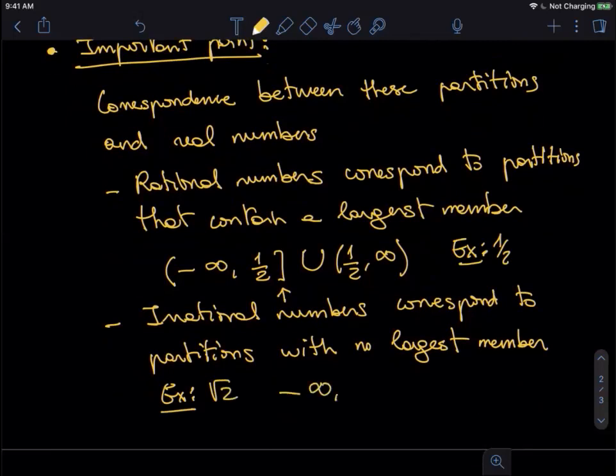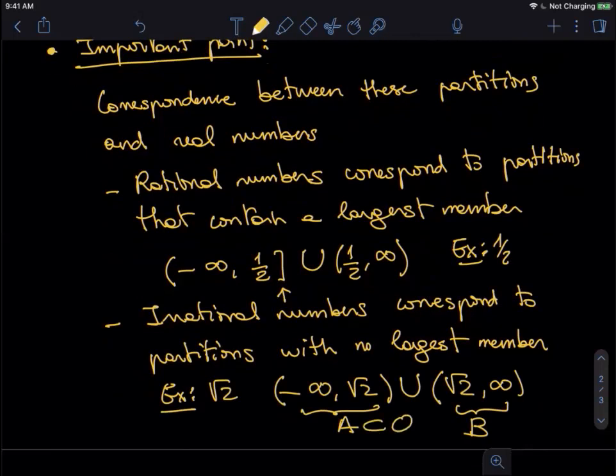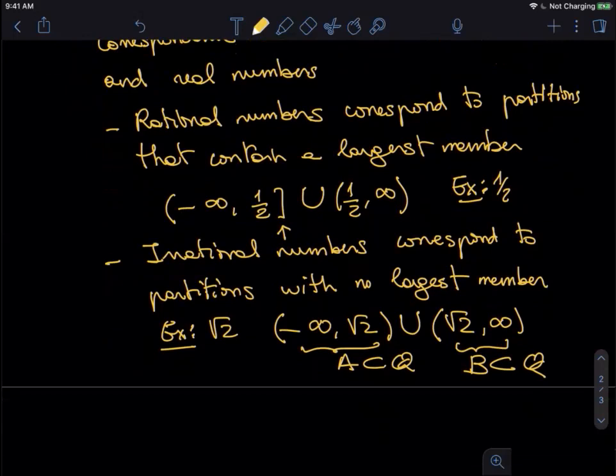So in this case, you have the two pieces of rational numbers. Okay, this would be your set A, this would be your set B, and these are sets of the rational numbers. Okay, and you see what happened there. We are cutting on an irrational, so we can get as close as we want with rational numbers to the extreme of the interval, but there is no largest member in the interval.